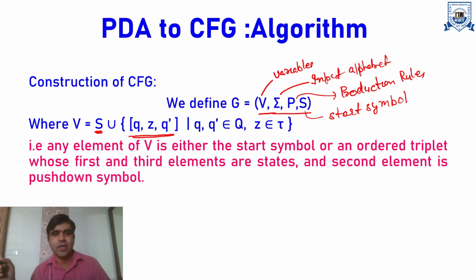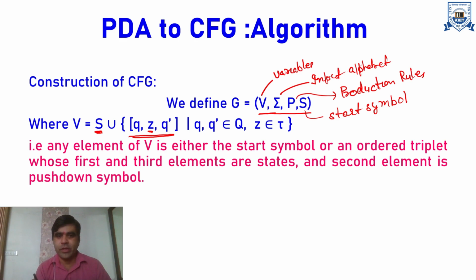All those states appear in place of Q and Q dash. And this middle symbol Z belongs to tau, the stack alphabet.